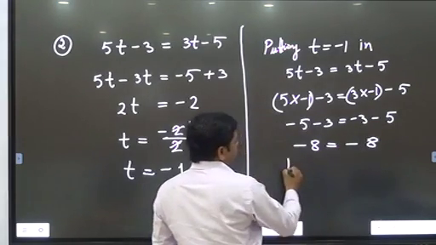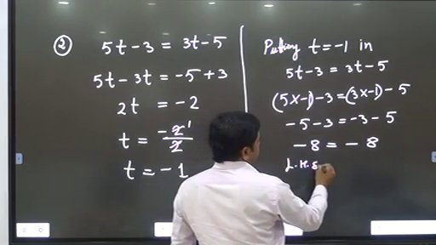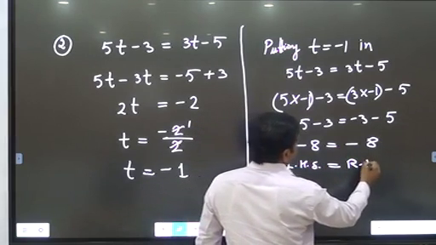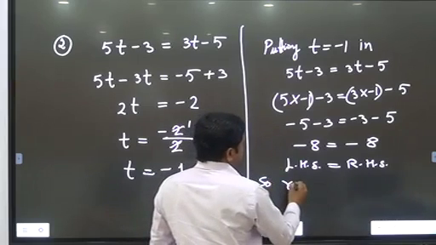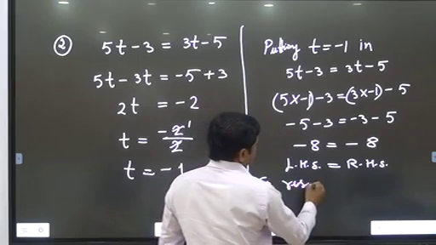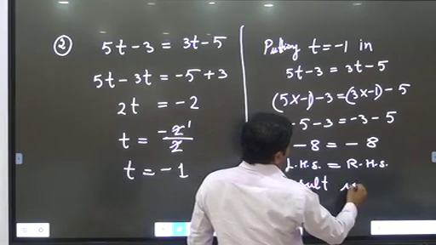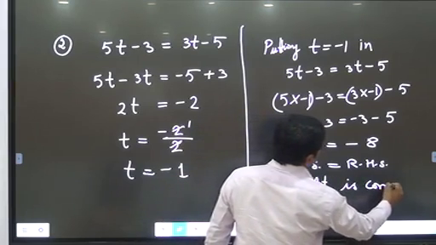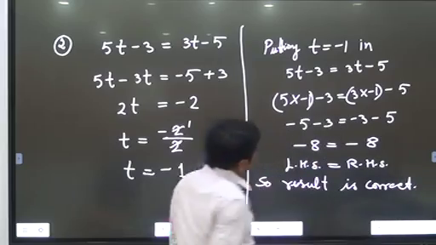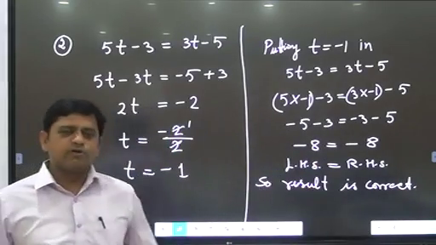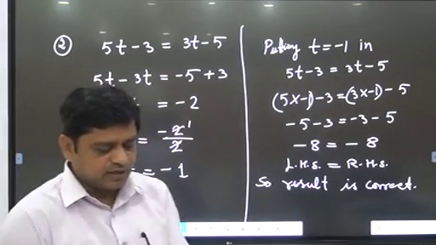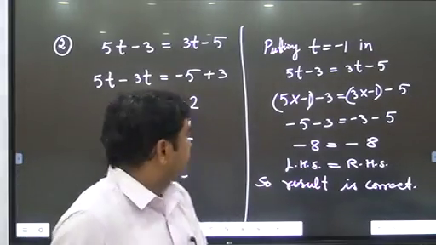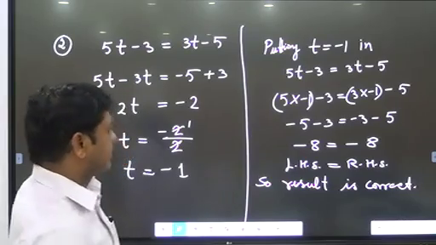So again write left hand side equal to right hand side. So the result is correct. There is no problem here to be confused about the answer, because we directly check if the answer is correct or not. And next, the third question of the same exercise.